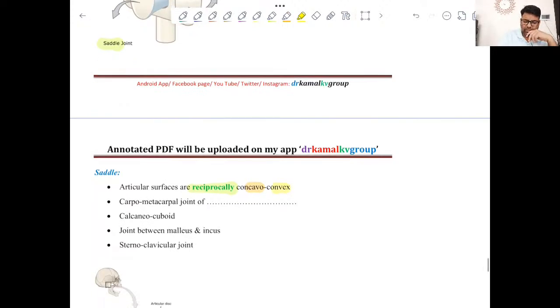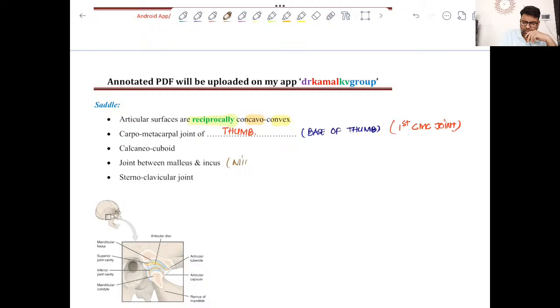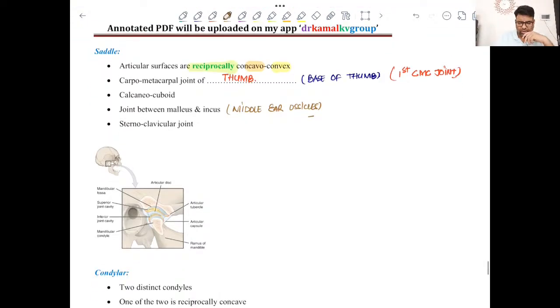Okay, and the classical example is the carpometacarpal joint of the thumb, or at certain times we call it the base of thumb, or first carpometacarpal joint. Okay. Then calcaneocuboid or malleus incus, these are again middle ear ossicles, or sternoclavicular. These are all saddle, right?